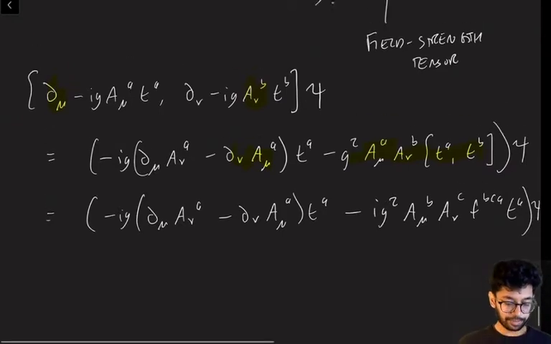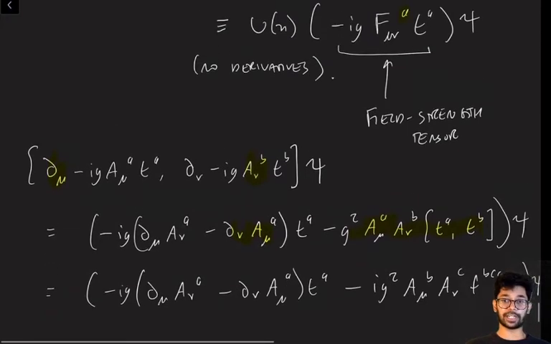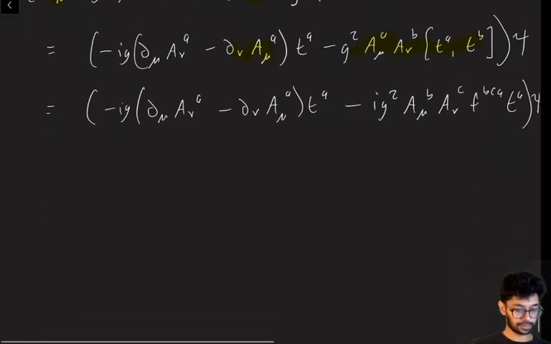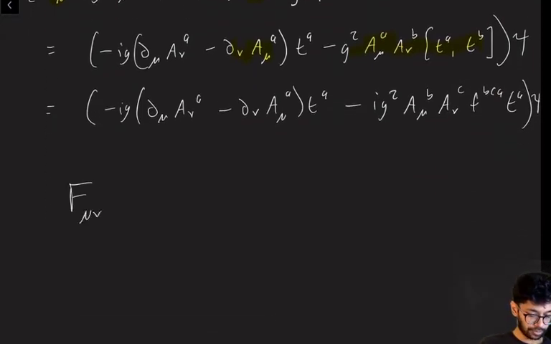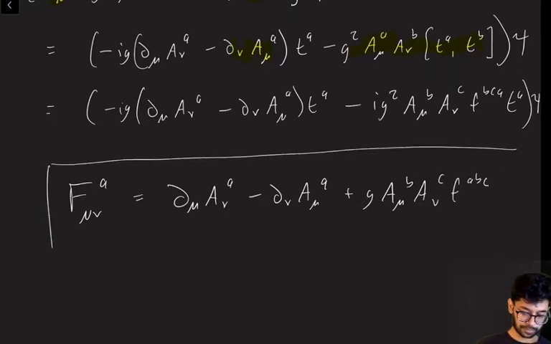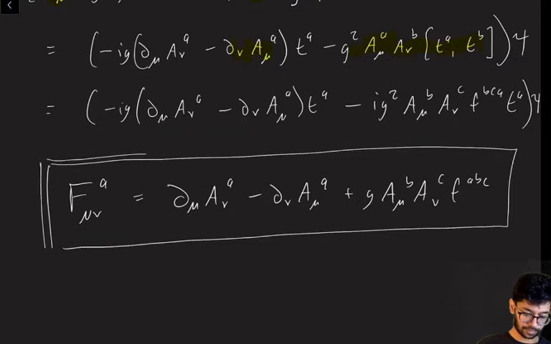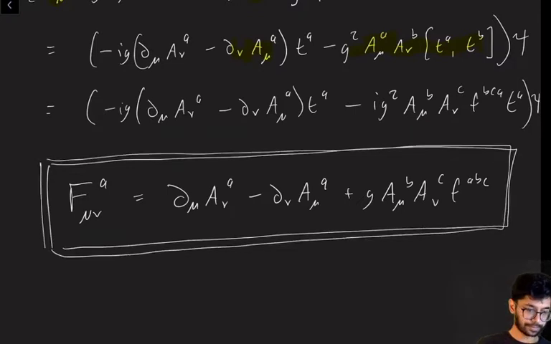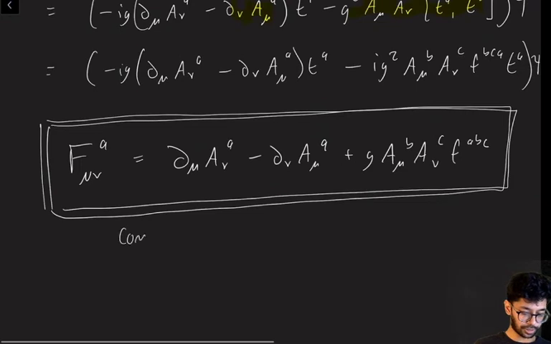So now if I compare this object to my definition right up here, I see that the components of the field strength are that F mu nu A is just D mu A nu A minus D nu A mu A plus g A mu B A nu C f A B C. Okay, so these are the components of the non-abelian field strength tensor.